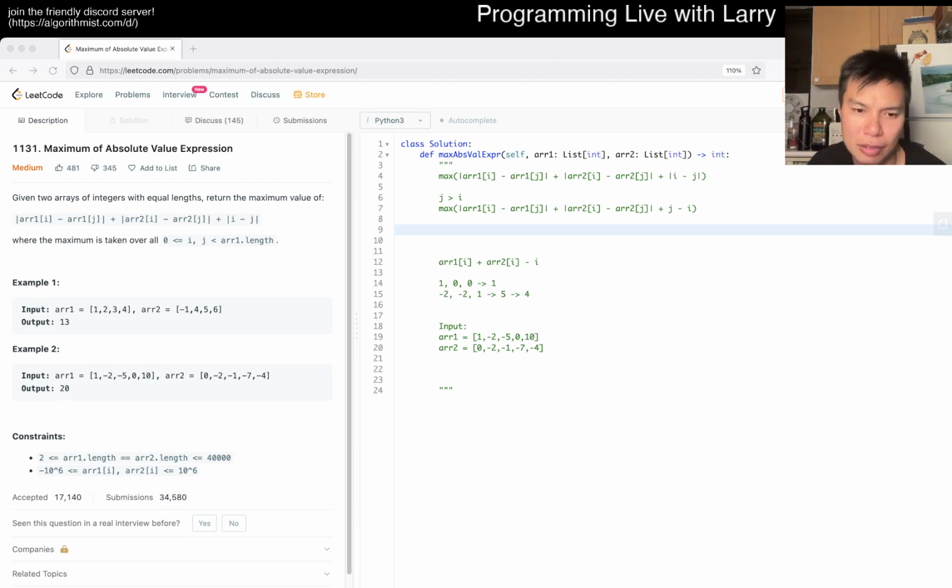I guess it is just iteration. Yeah, I mean, I guess so. I'm trying to think in my head a little bit more.